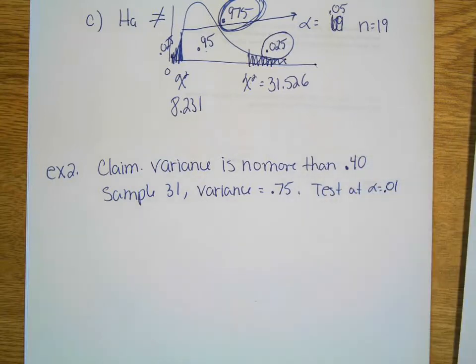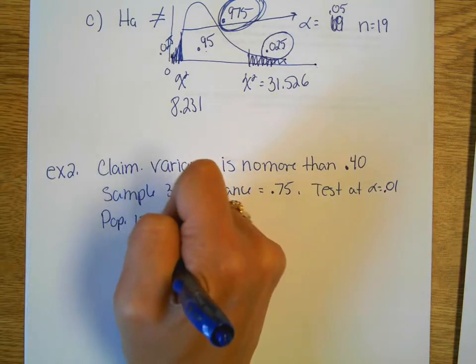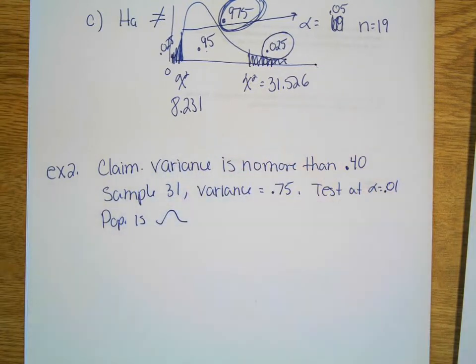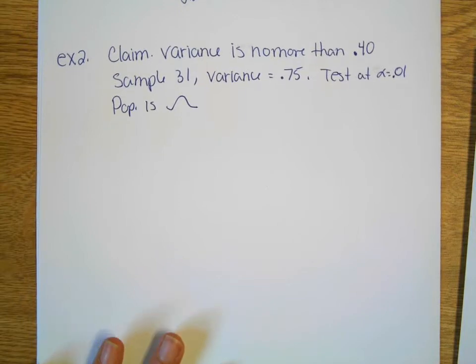Assume the population is normally distributed. So we go through the same 5-step process. Rewrite the claim first, but get the symbols right.